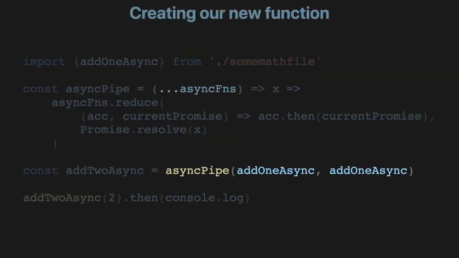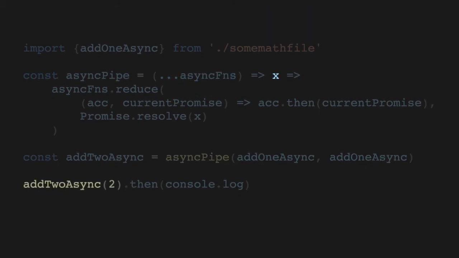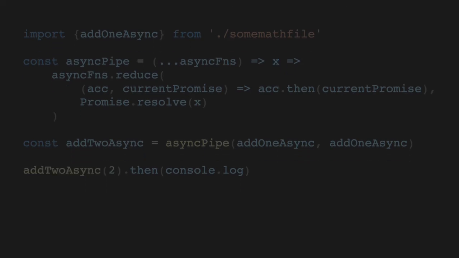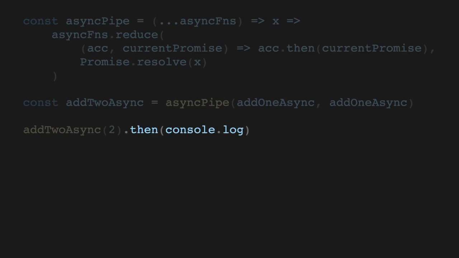So the act of calling async pipe and filling in that first set of arguments will produce a new function that when called will just sit there and wait to be reduced, right? So you can see we've called this down below. Add2async, we pass in 2, that returns a promise because async pipe will return a promise. Because it returns a promise, we can call .then on it. Here we're just logging it out to the console.